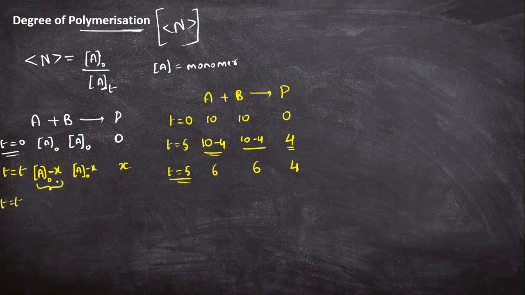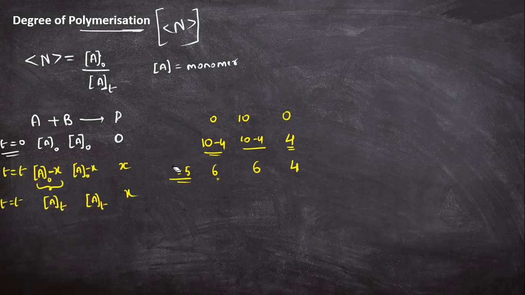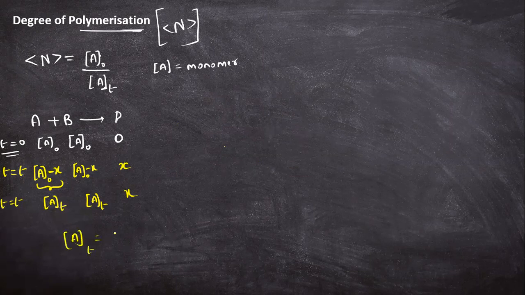Let me represent the concentration of A at time t as A t. Like the 6 we had taken here, and this will be X. So A t is equal to A naught minus X. Therefore X will be equal to A naught minus A t.